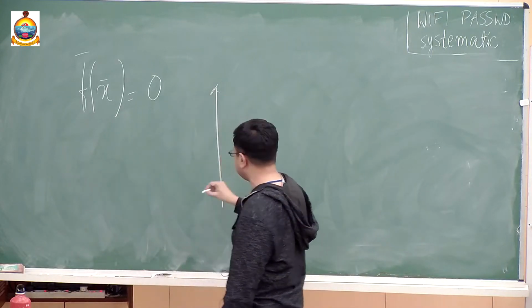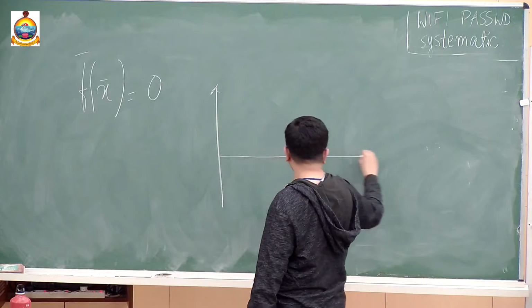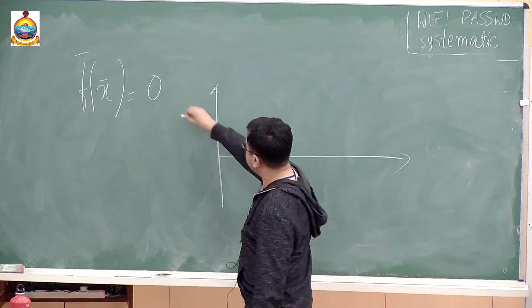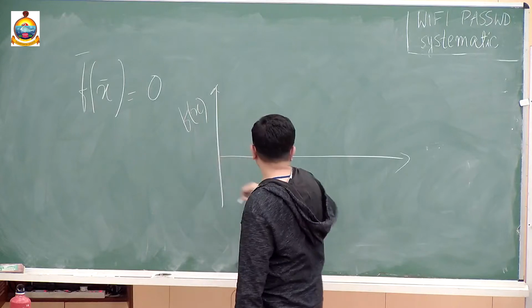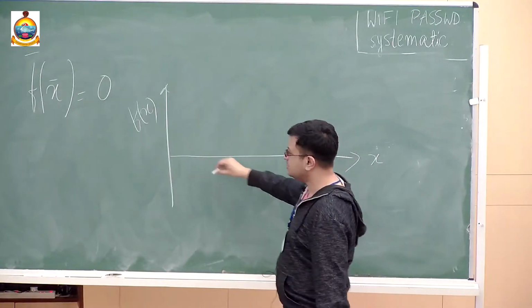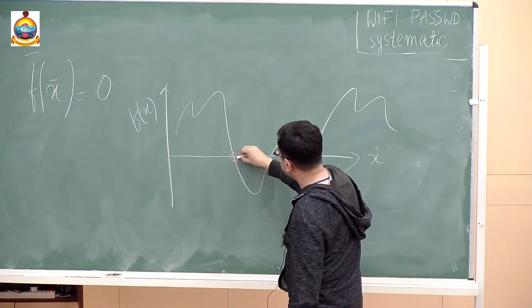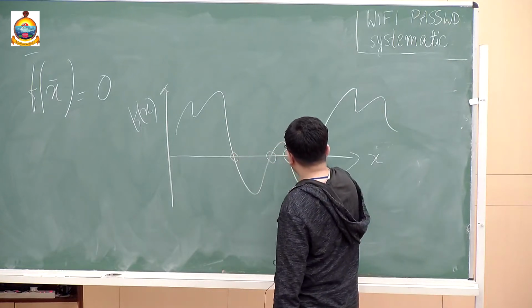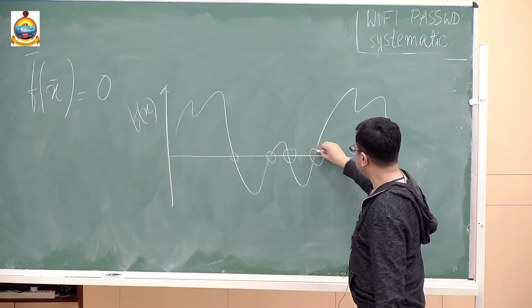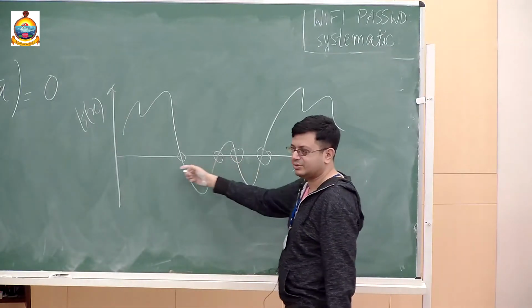Think of it in one dimension. And in fact, I will today spend most of the time on one-dimensional systems. So you can just think of some function here and there. So these are the points at which f of x is going to be 0, right? And these are isolated. Okay.